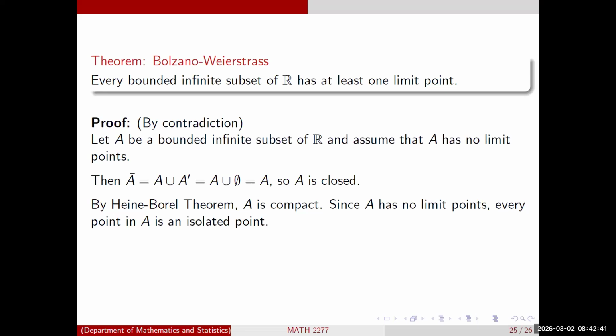So for every element x belonging to A, there exists a radius epsilon sub x, which depends on the point x, such that the deleted neighborhood around x of that radius, which simply means the neighborhood without the center, contains no other point of A. Therefore, if I intersect this neighborhood with A, it should be empty.